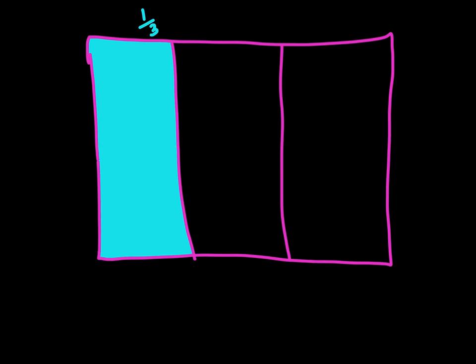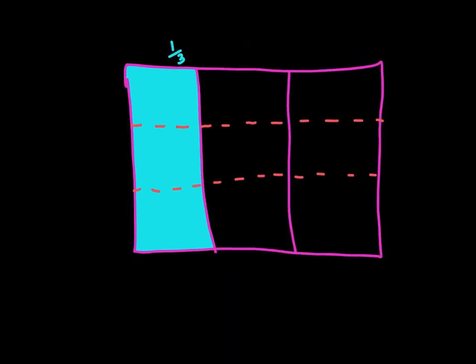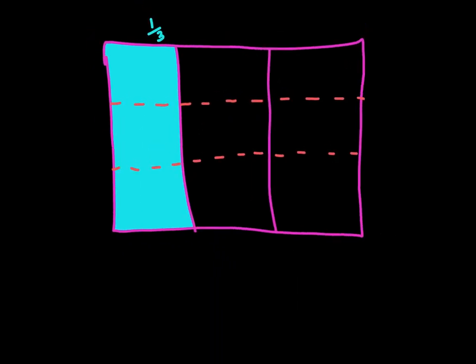Okay, we're still keeping with third, but now we're going to change things up. Last time we split it into a half, but what happens if we change it up and make it into 3 rows? What do we got now? What's our equivalent fraction? So now that we have 1/3 is equal to, well, how many pieces is it cut up into?